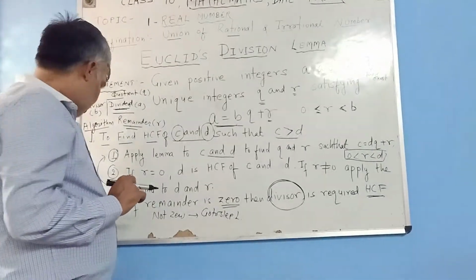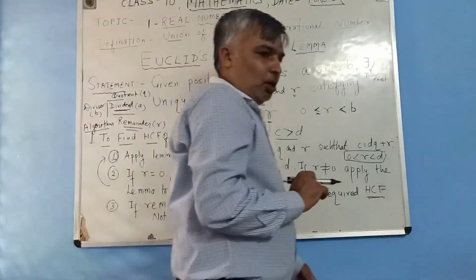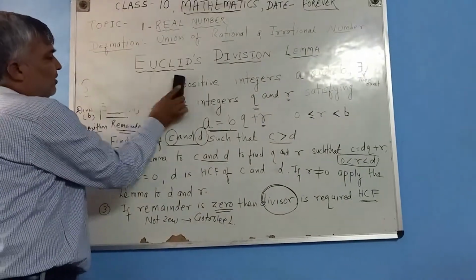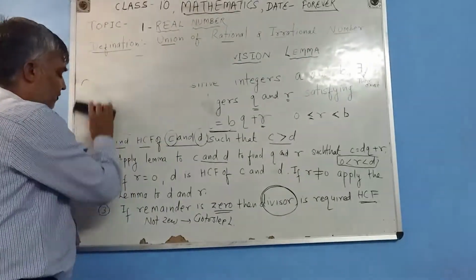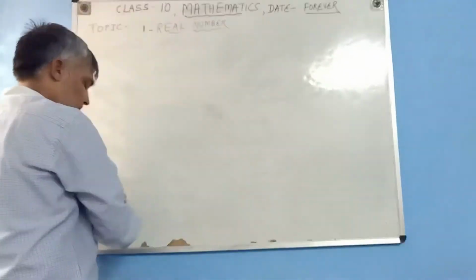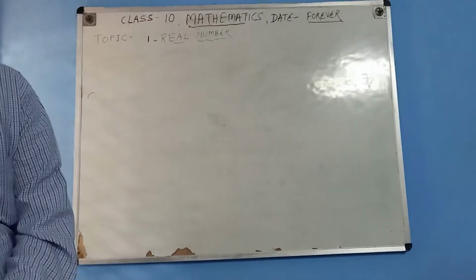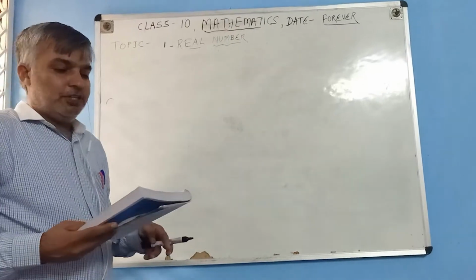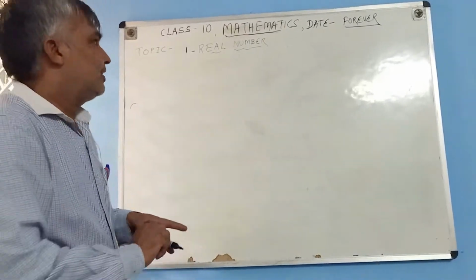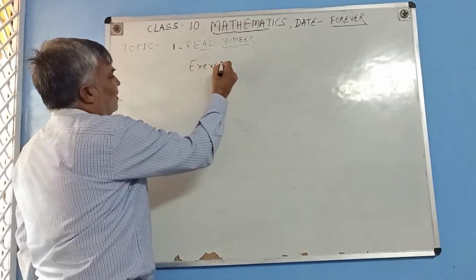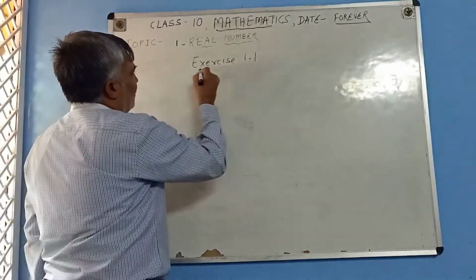Now we shall solve a problem to use this Euclid's division lemma. So this is the first question of our NCERT book, exercise 1.1. Exercise 1.1: use Euclid's division lemma to find the HCF.